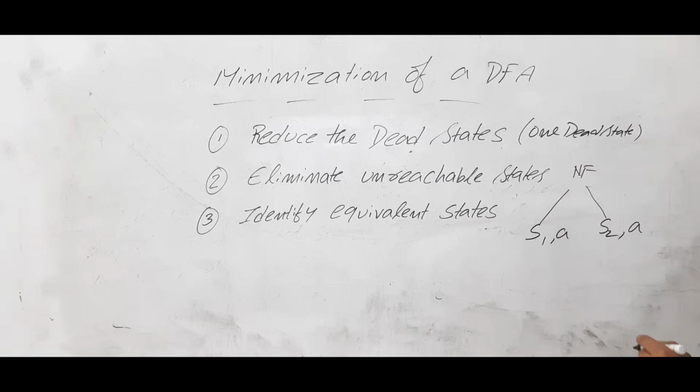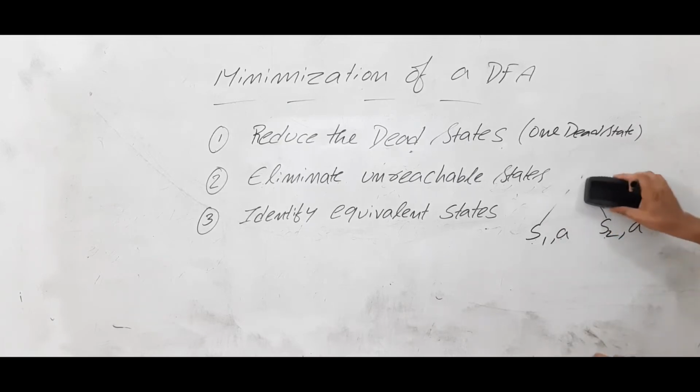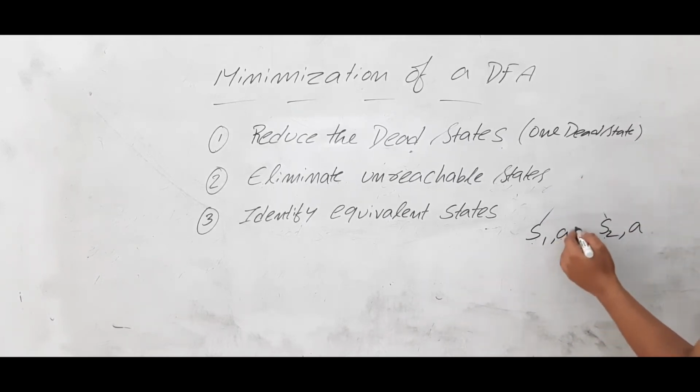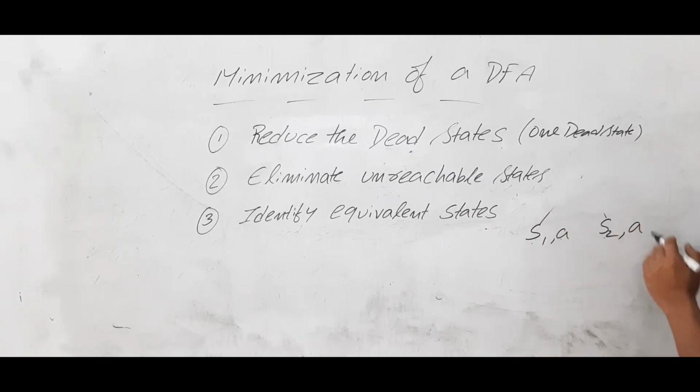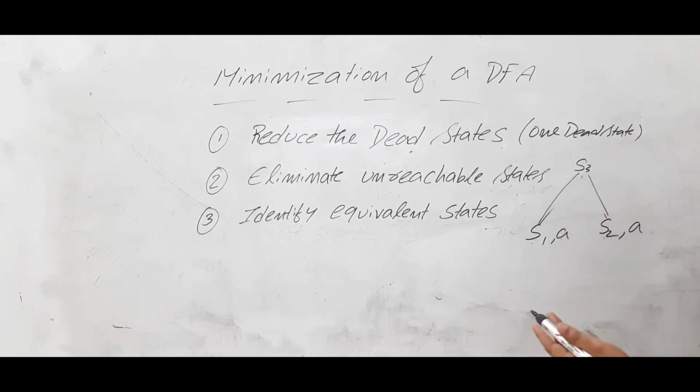Let me repeat. State 1 on A, state 2 on A, if they are going to a non-final state, then I can say that they are equivalent. A lot of people will think like this: state 1 on A and state 2 on A both go to some state 3, then we will call it equivalent.